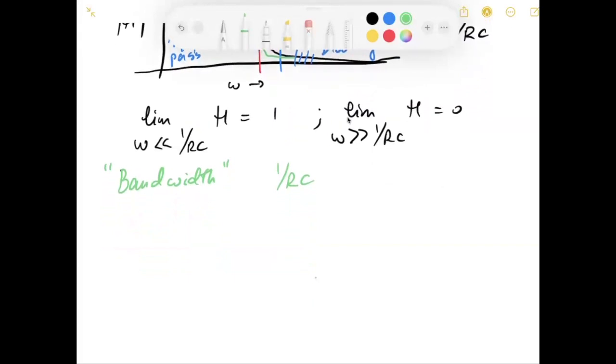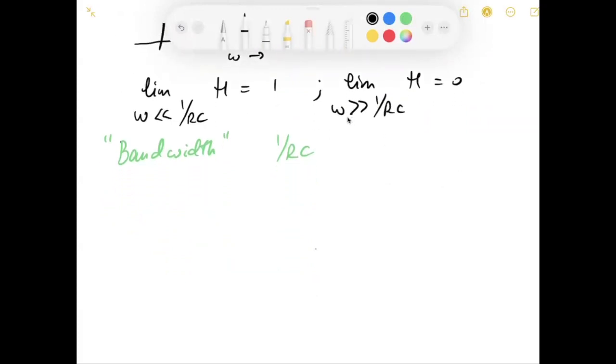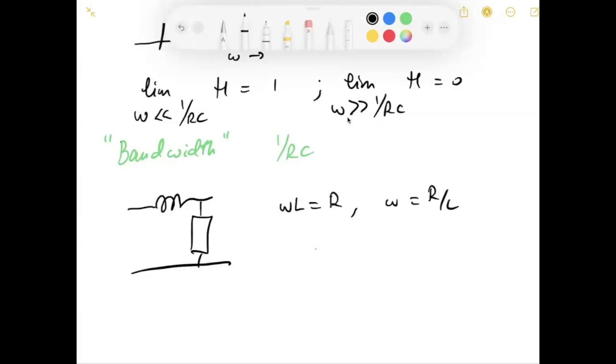And of course, that characteristic frequency translates also for, let's say, instead of the resistor capacitor, we could build a network like this. It would have a bandwidth where omega L is equal to R. So the bandwidth is R/L. That's your bandwidth.